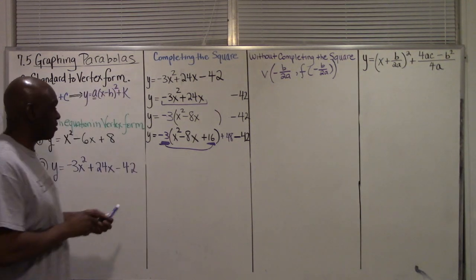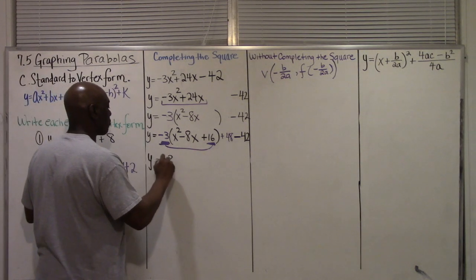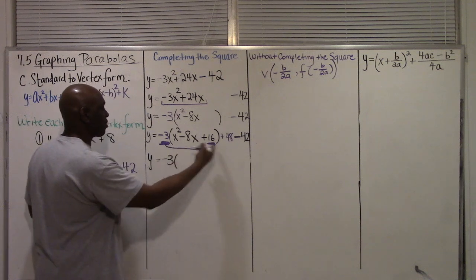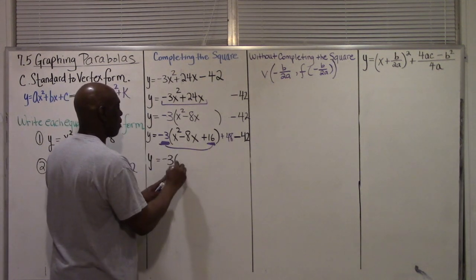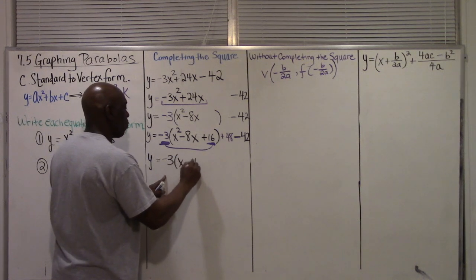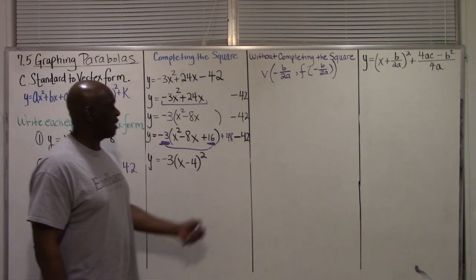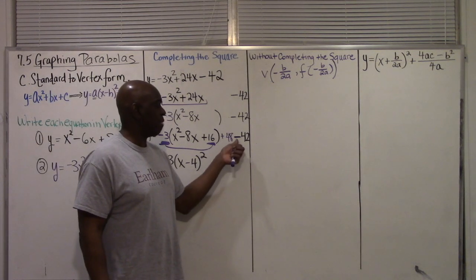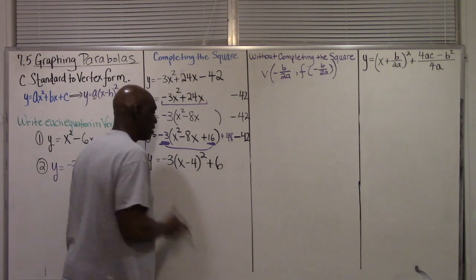Alright, let's go. So if that's the case, and it is the case, we're going to have y equals negative 3 times, okay, factor this. Take the trinomial square and write it as a binomial square, which is x minus 4, quantity squared. And then I have 48 minus 42 is plus 6, and there you go.